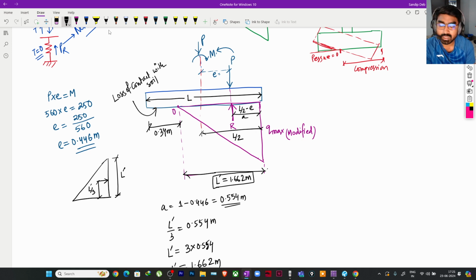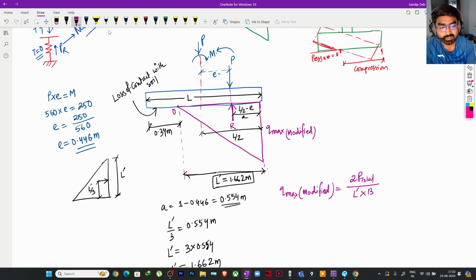Now if we want to find out this Qmax modified, the Qmax modified is basically given by 2 into P total divided by this modified length, or modified width of the foundation along the direction which is having this eccentricity, multiplied by the other dimension of the foundation.